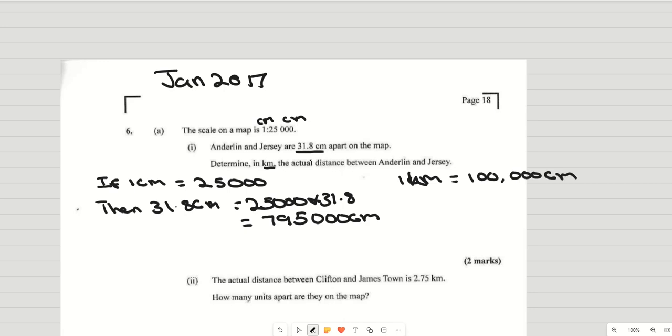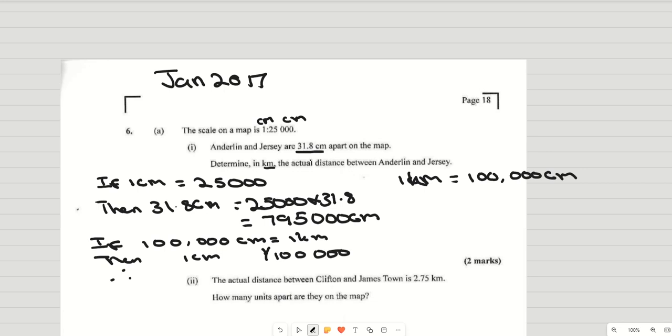So if I want to convert this, there are two ways you can do it. Let's do the if, then, therefore. If 100,000 centimeters is equal to 1 kilometer, then 1 centimeter would be 1 over 100,000.